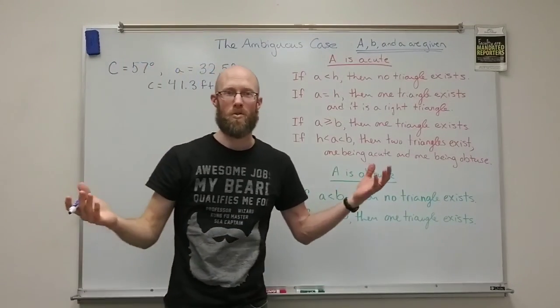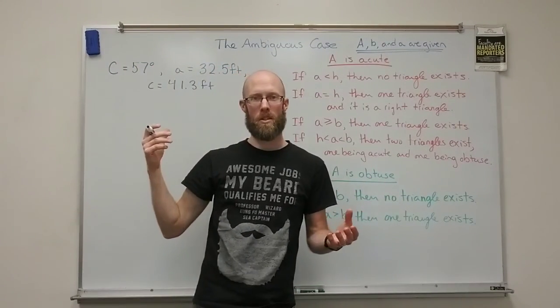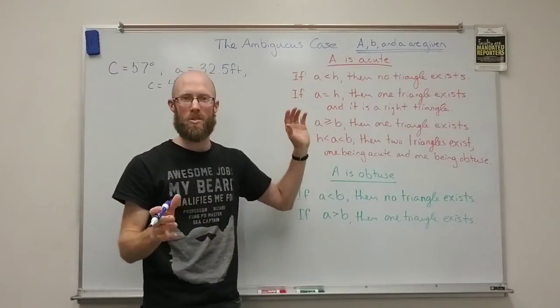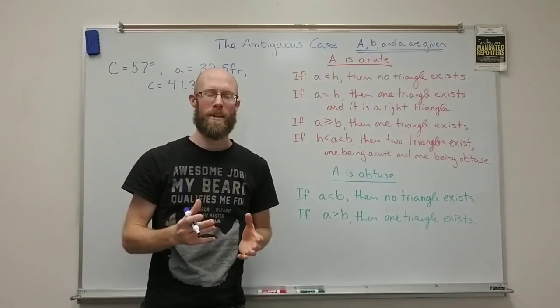So now the question is, what do I do with this information, because it's different than what we have here? Is it A, is it B, is it H? What compares to what?